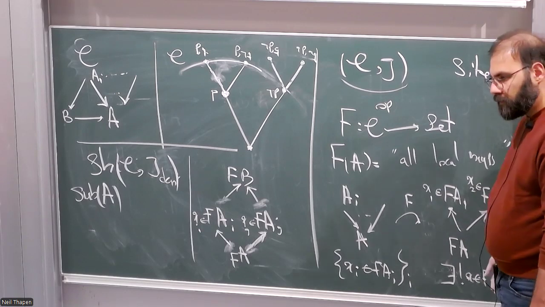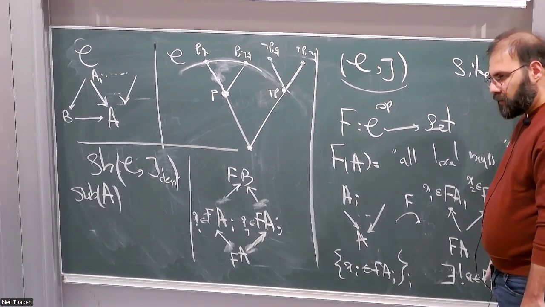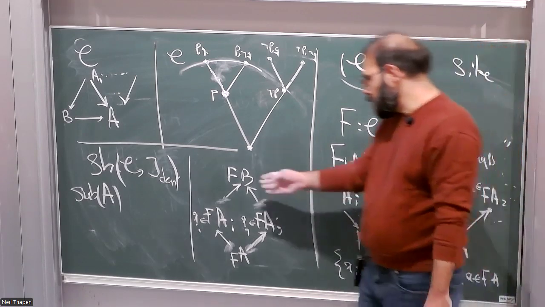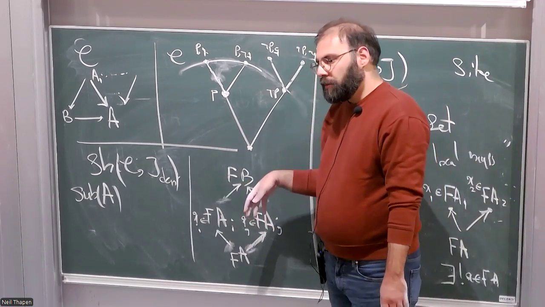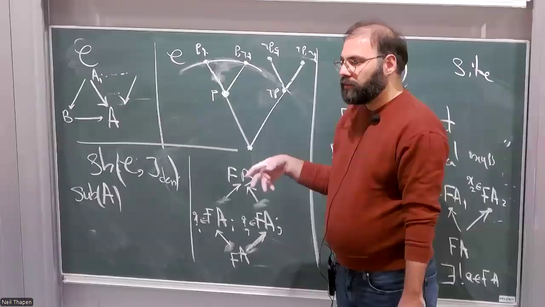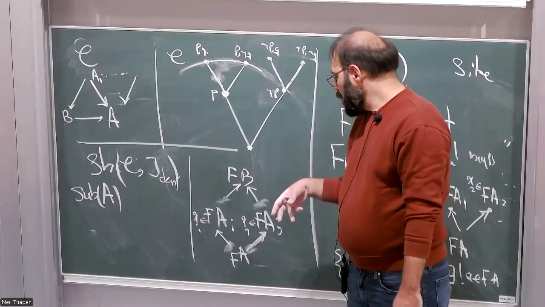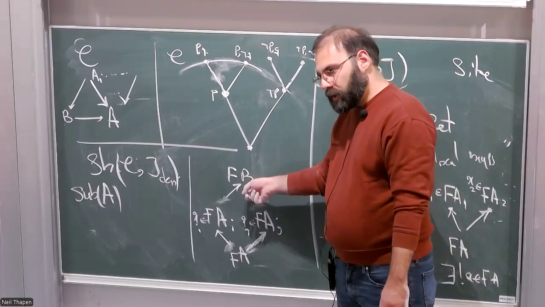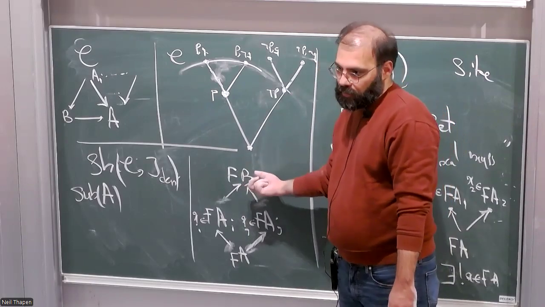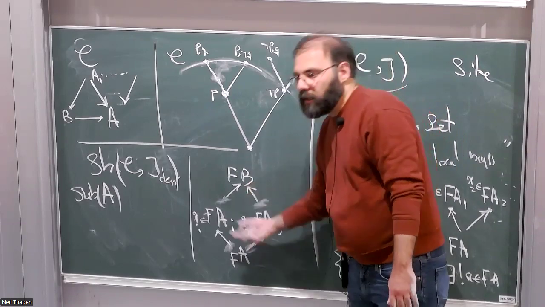Yes, for all B, for all B and two maps such that everything is compatible. But if your C has pullbacks, this B can be just picked as a pullback, because the pullback is the best one.